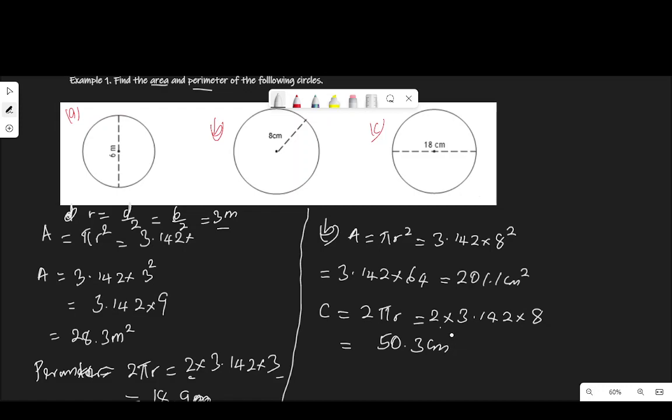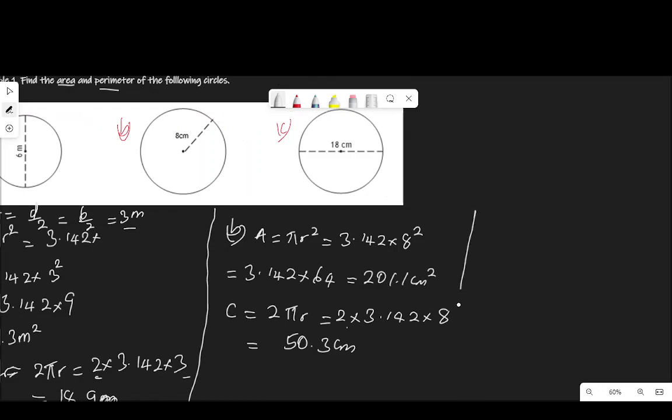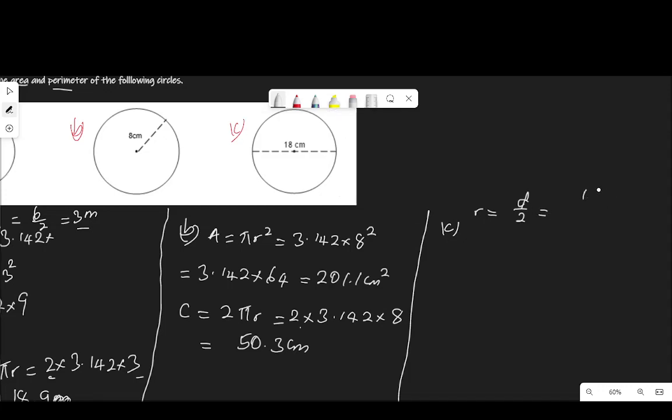Now let's look at C. For C, again, diameter is given instead of radius. So radius will be diameter divided by 2, which is 18 divided by 2, which gives us 9 centimeter.